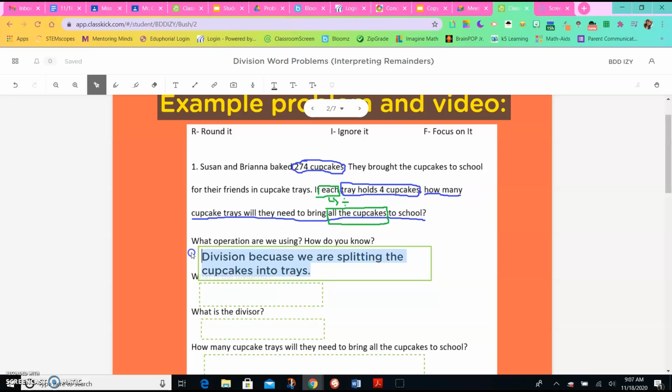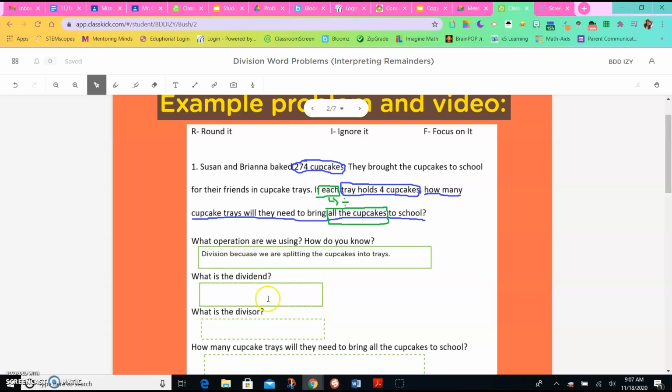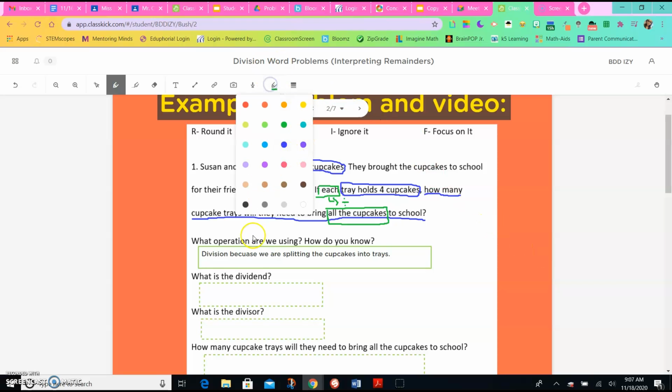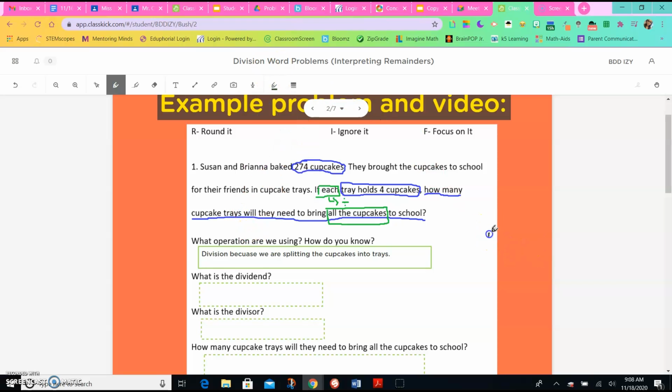And I'm going to go ahead and make my text a little smaller. So what is my dividend? My dividend goes inside. My total is going on the inside. That's my dividend. So I have a total of 274 cupcakes, and I'm breaking them up into groups of 4.